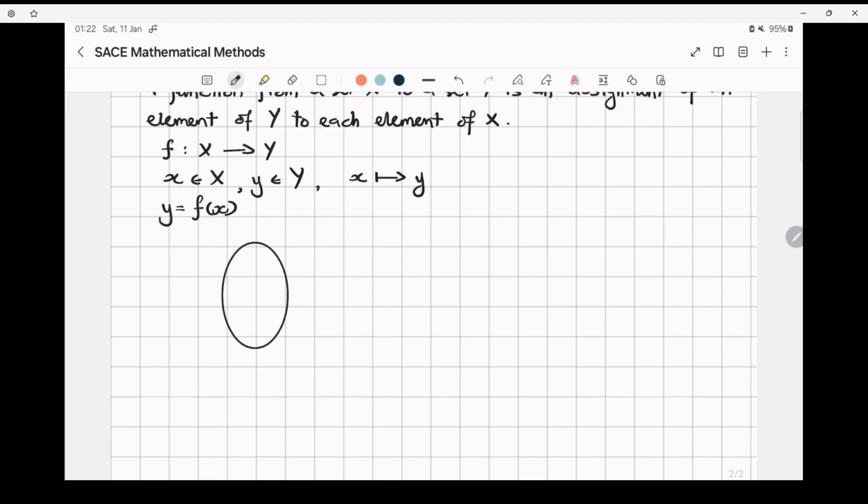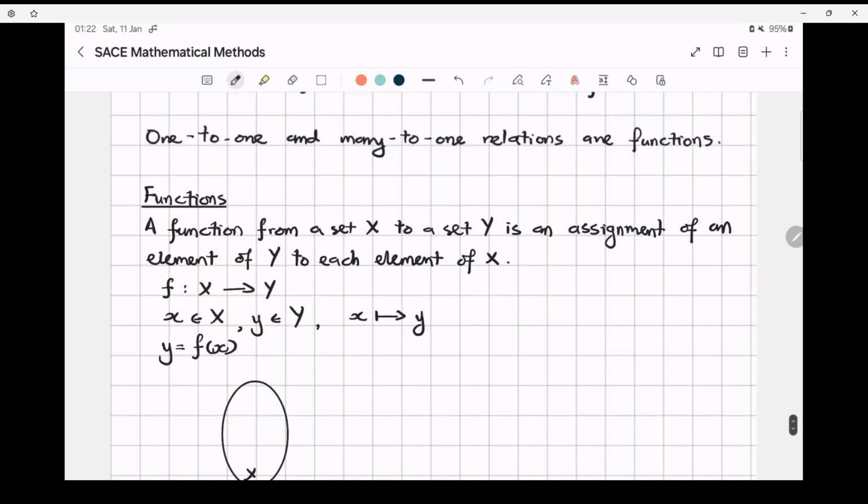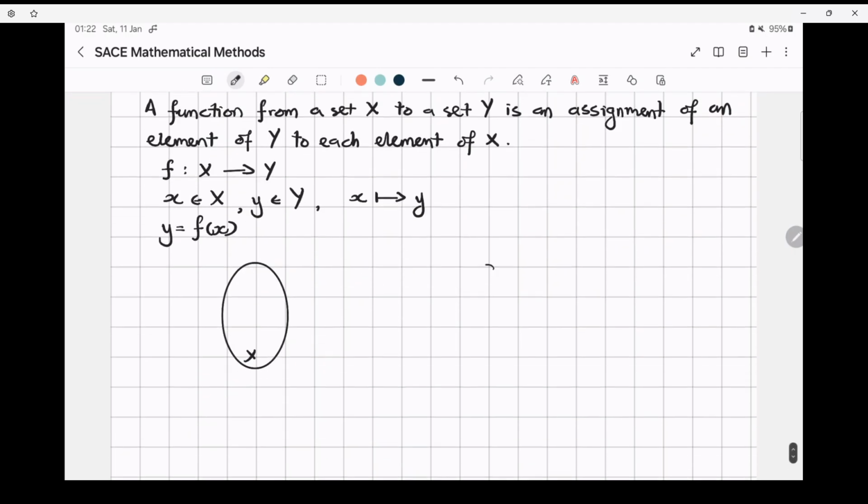Let's say this is set X, and then you have set Y. So all these elements in set X are being mapped to a smaller subset in Y.